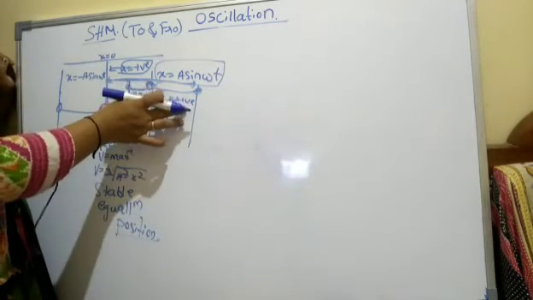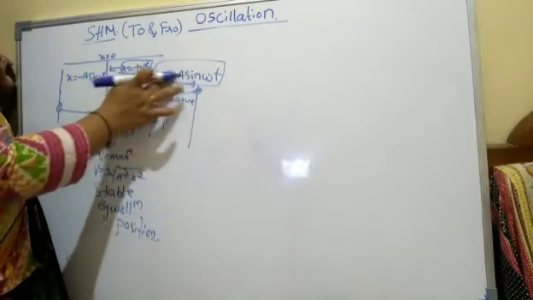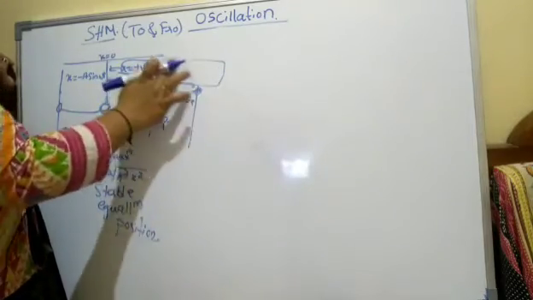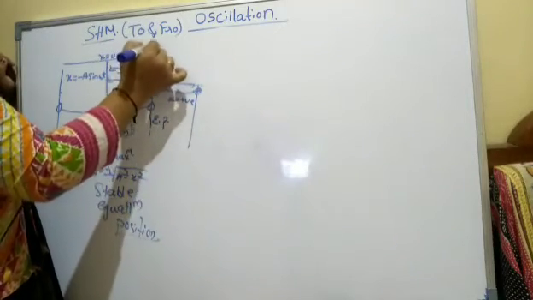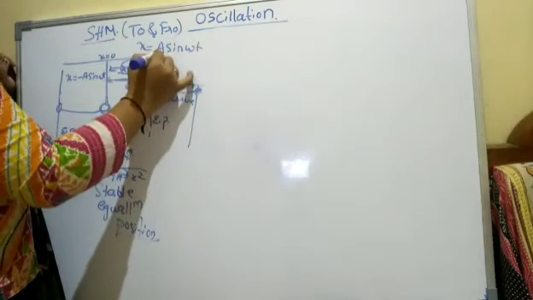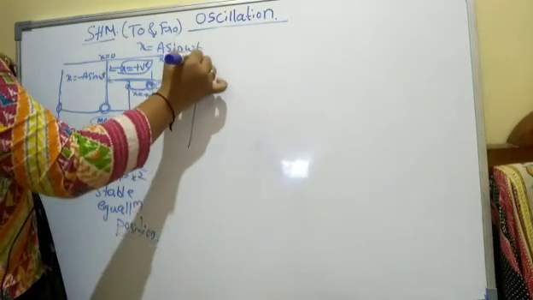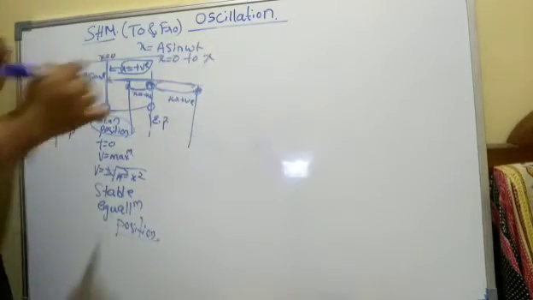So we have to understand what the equation is. As we got the equation, x is equal to A sin ωt when the particle is moving from 0 to a certain distance x. This is the equation.